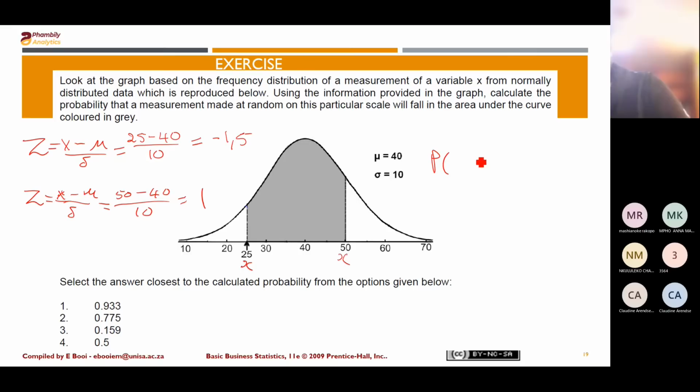So we need to find the probability that X lies between 25 and 50, and we found that it is the same as the probability that Z lies between minus 1.5 and 1. Because I'm using the table, I'm going to say minus 1.50 and 1.00. So we're going to go to the mean to Z.